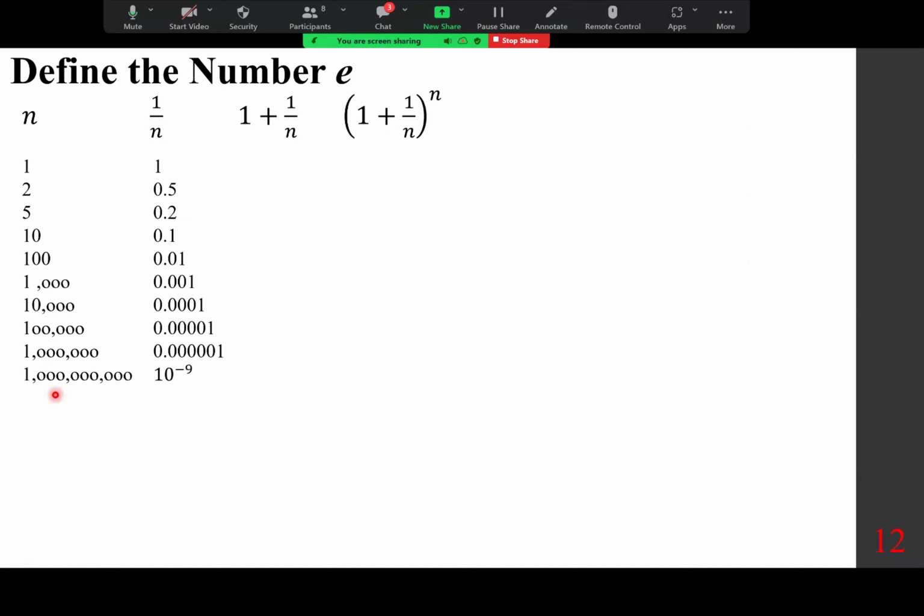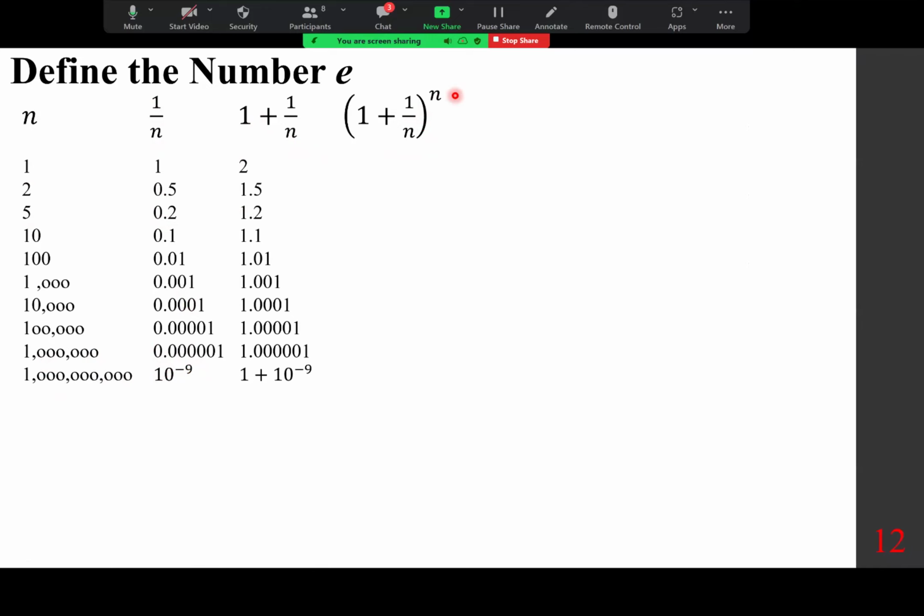As you can see, this last one, for all practical purposes, 1 over n becomes almost nothing, 0. And then we're going to add 1 to that. So this becomes 2, this becomes 1.5, this becomes 1.2, all the way to the end.